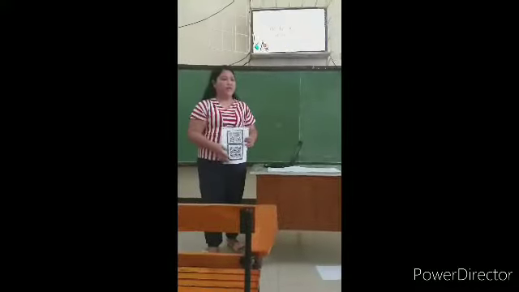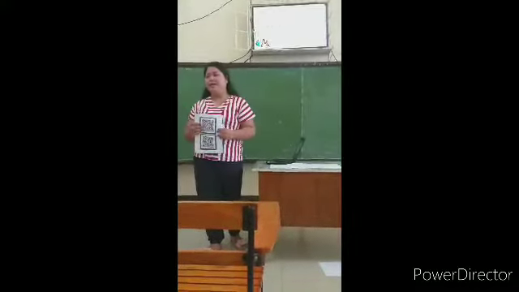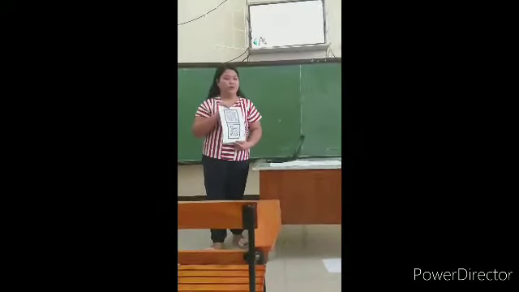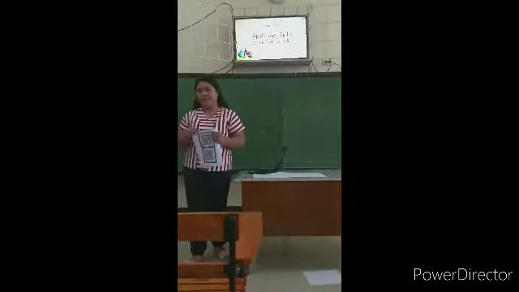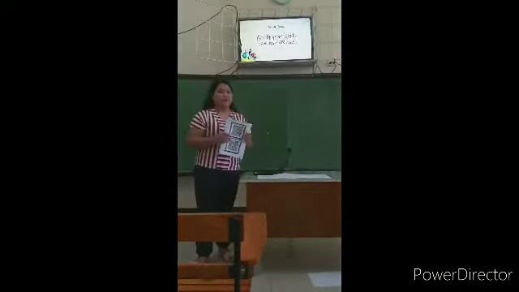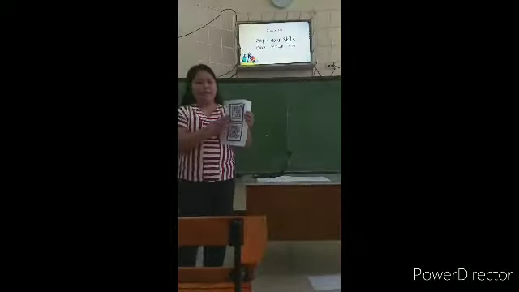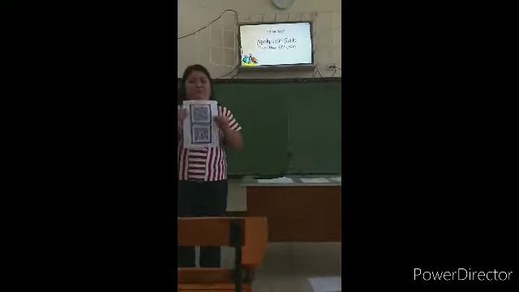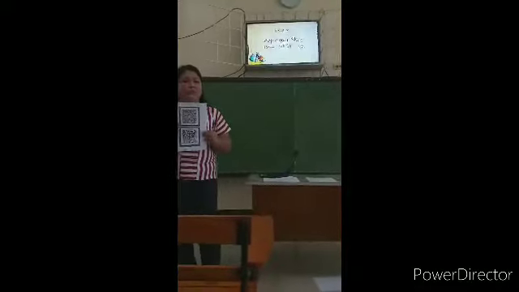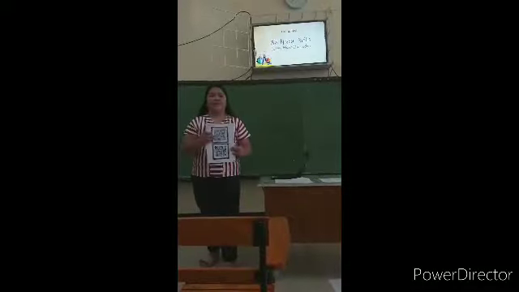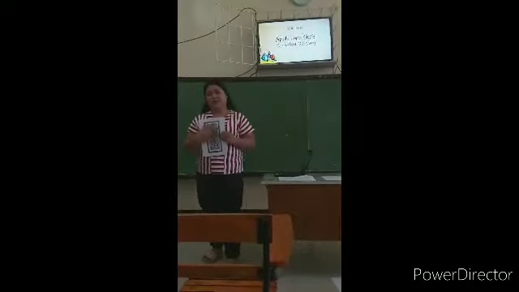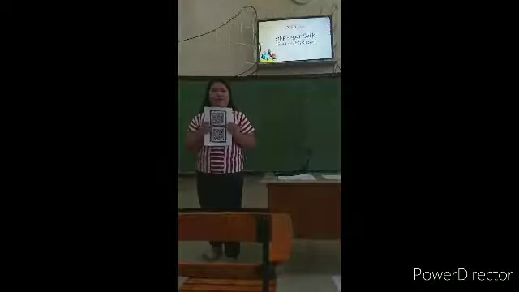Using your cell phone, which I instructed you yesterday to bring and have installed with the QR code reader, we only need 1 cell phone in each group. One will be reading the QR code using the QR code reader to reveal the problem, and the rest would be answering the question posted in this QR code.